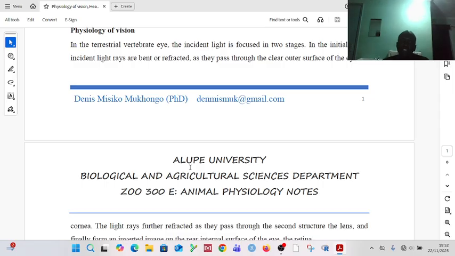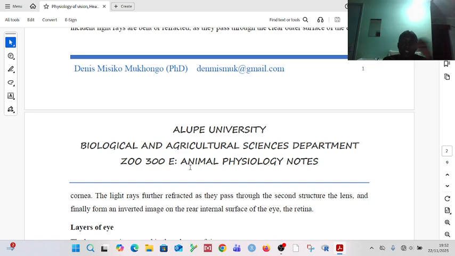Okay? So as the light which has been bent after interacting with the first aqueous environment in the eye is bent towards the cornea, just beyond the cornea, again it passes through another aqueous solution where it is refracted again, and it passes through the second structure, now that we are calling the lens. Then it is now the lens that will focus that light to ensure that that light now falls on the retina.